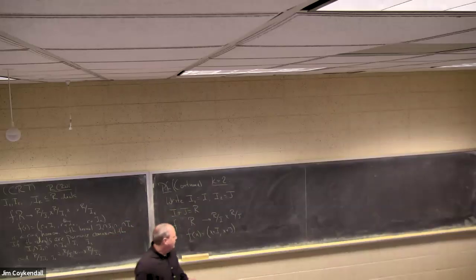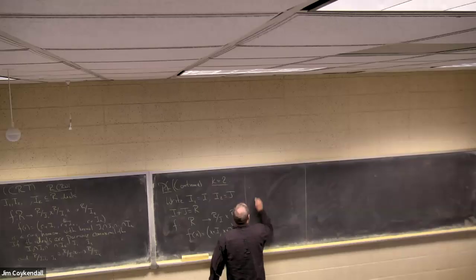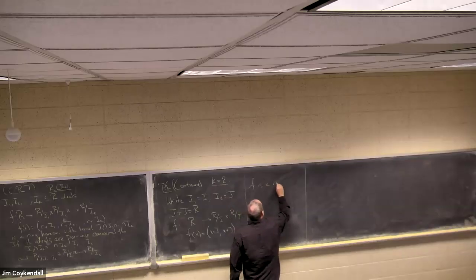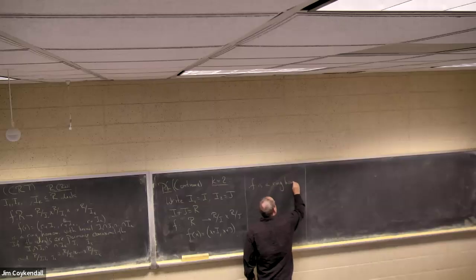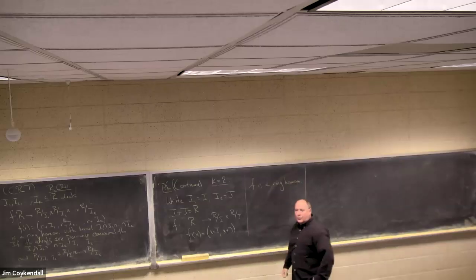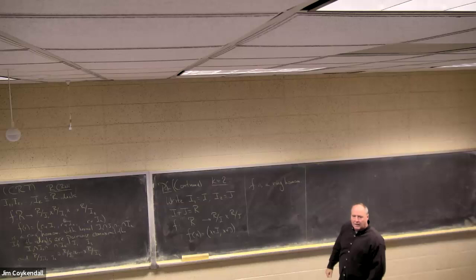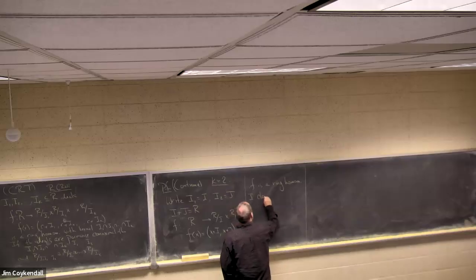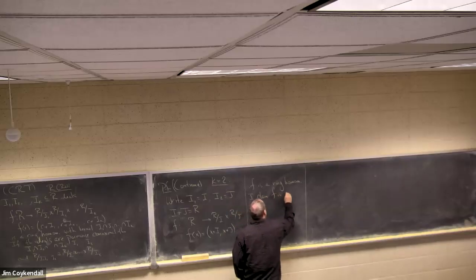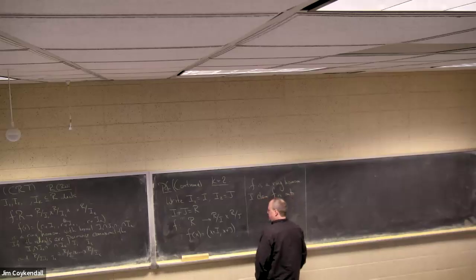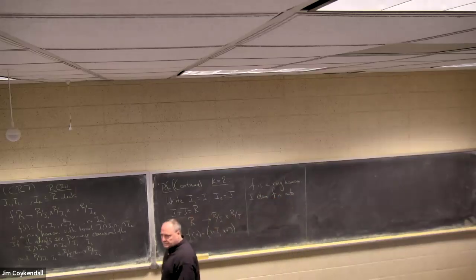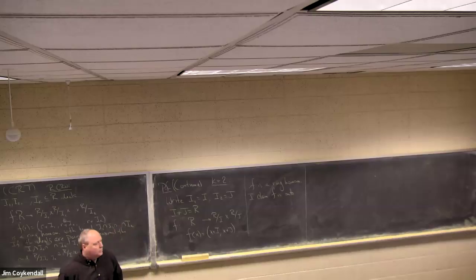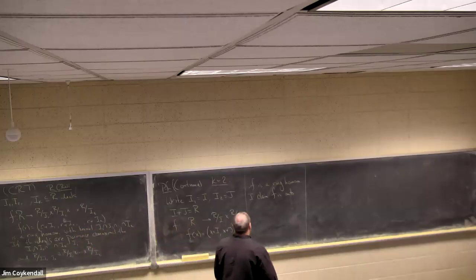Now, we know that this is a homomorphism. F is a ring. I claim it's onto. So here's the strange part.